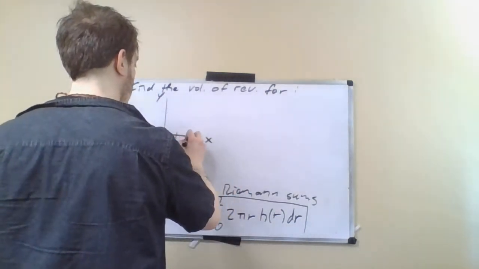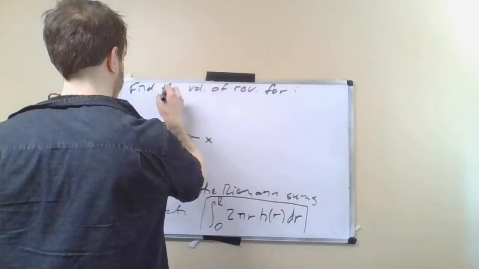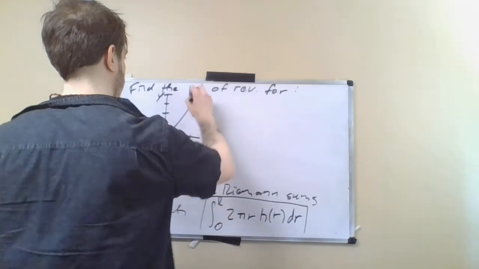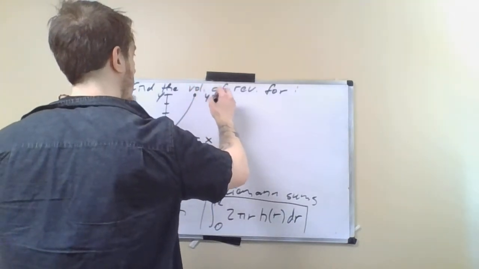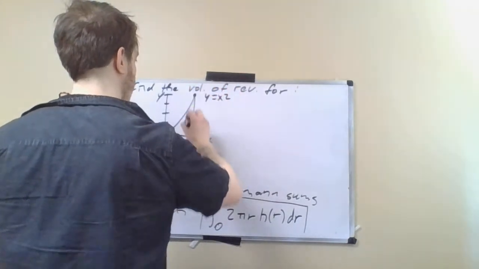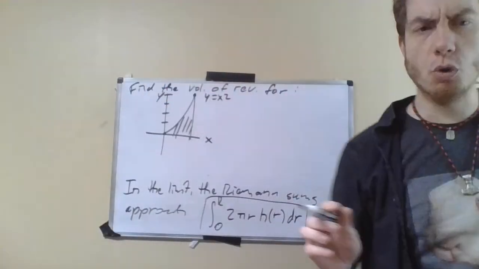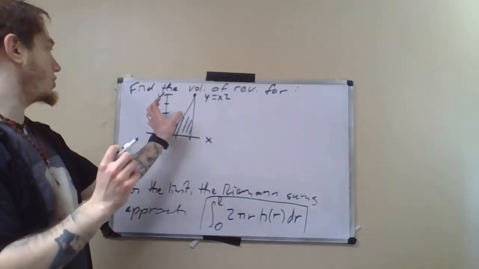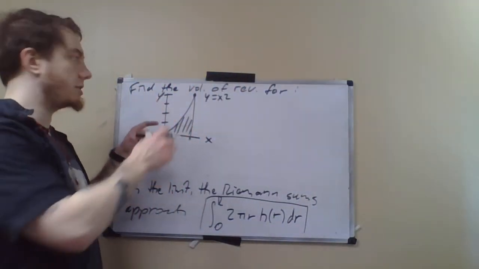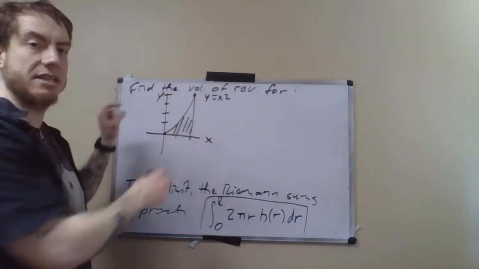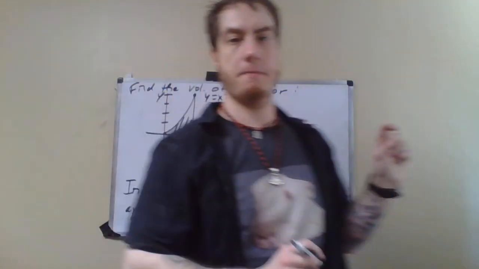So we're going to go with this. This is y equals x squared, and we're going to rotate this region here. So what is this going to actually end up giving us for a shape? Well, the shape is going to look like a vertical cylinder, except that it has this parabolic dish cut out in the middle of it.